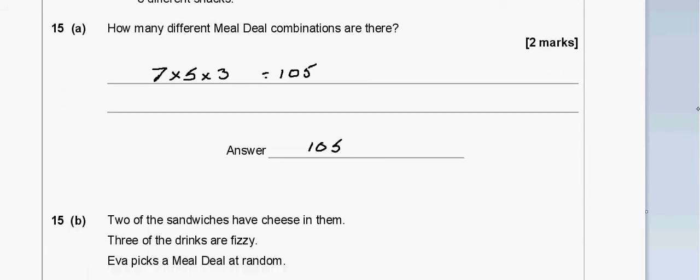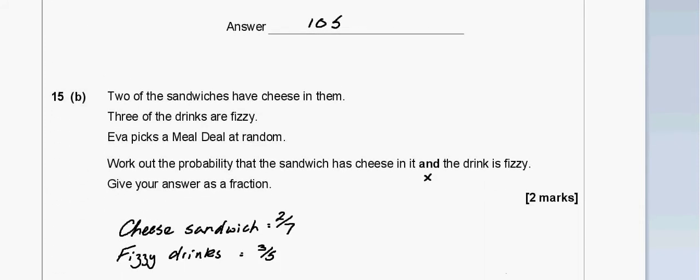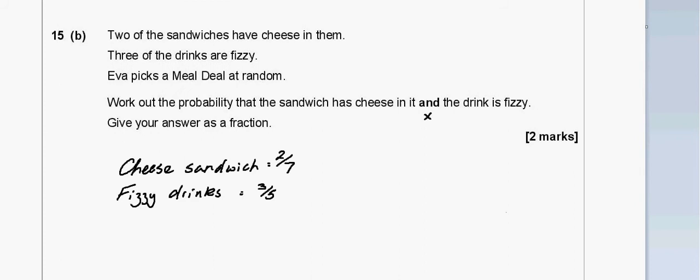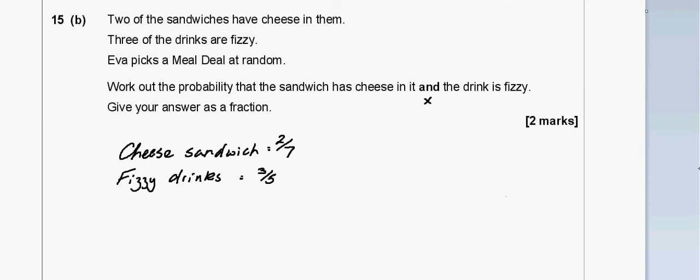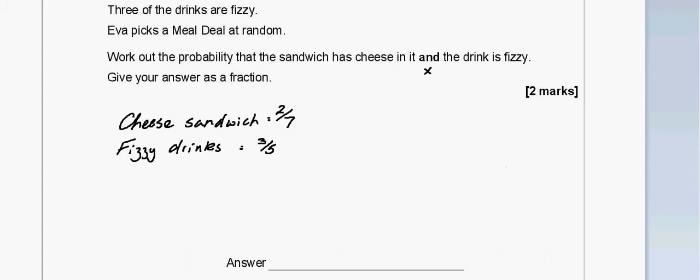And she takes a snack. 3 different snacks. So she chooses a meal deal at random. So we know that she's going to choose a snack, and it doesn't matter which one. Okay, because it's not specified. They just want to know what's the probability of sandwich with cheese and a drink is fizzy.